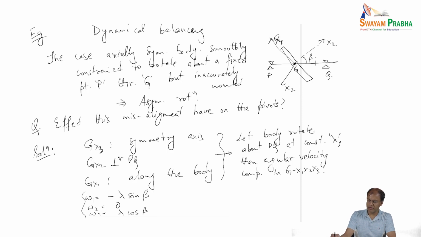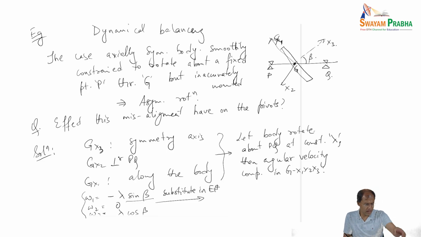Because of this misalignment, we have these angles arising, cos beta and sine beta. Then if we substitute in Euler's equations, we see the following.